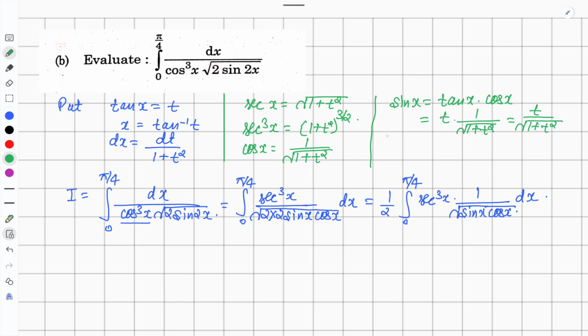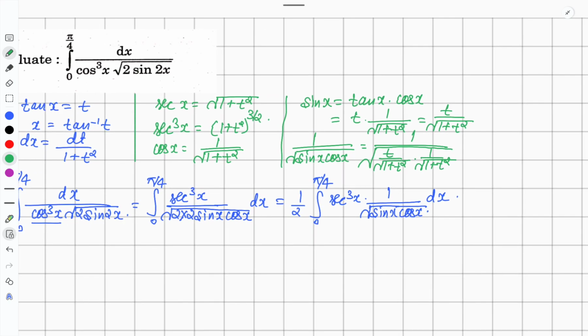So when we want to find out the value of 1 by root of sin x cos x, sin x is t by root of 1 plus t square, and cos x is 1 by root of 1 plus t square.